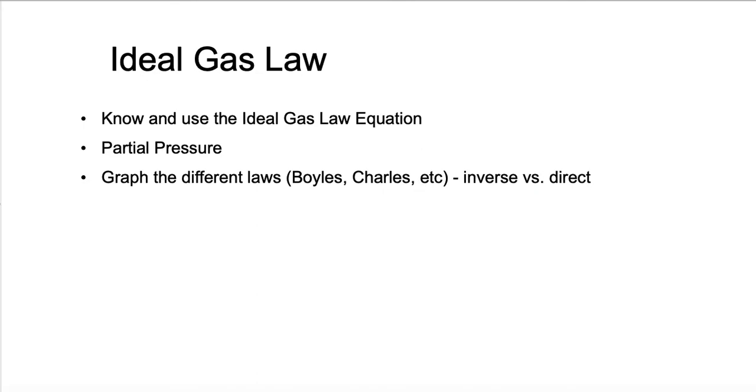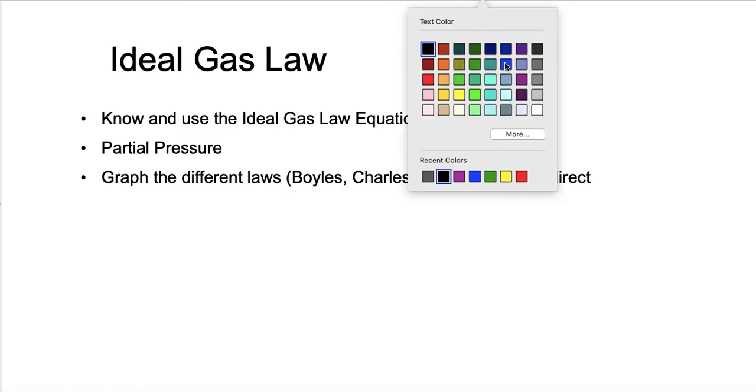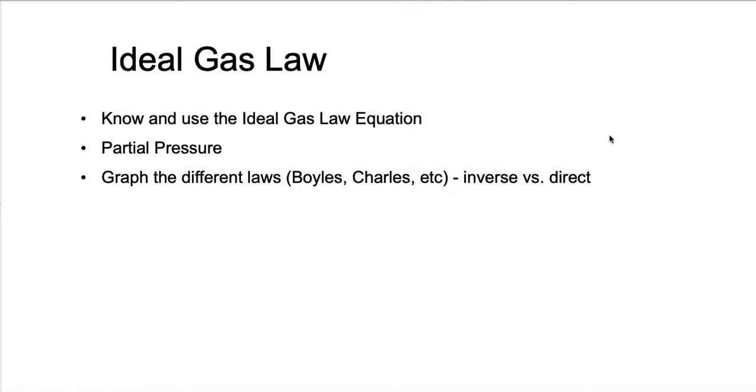All right. So now we are going to focus on gases. In a gas, you need to know the ideal gas law. Do you know that? You should know that by heart right now. Let's see if you said it already before I did, but it is PV equals nRT.